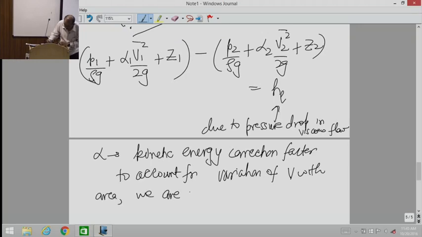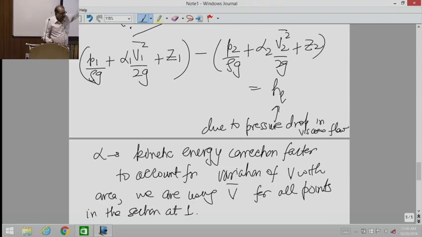We are using V bar. For all points in the section at 1, we are using V1 bar, but it is different. So to account for that, we have the kinetic energy correction factor.